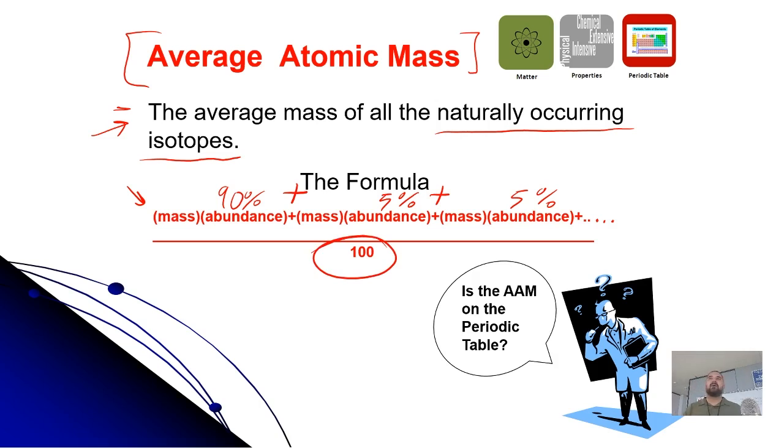Why are we dividing by 100? What do you have to do to get the percentages?